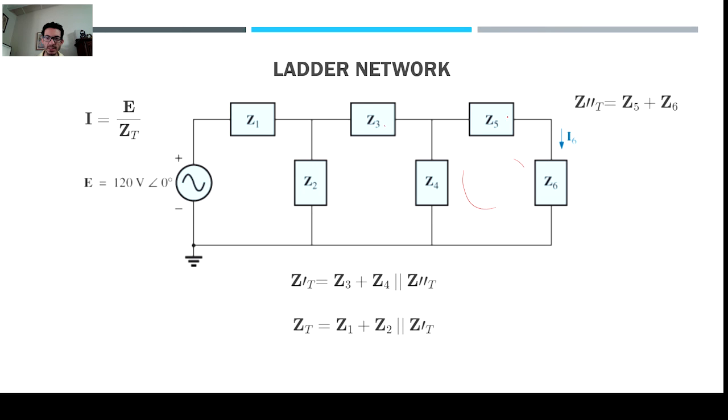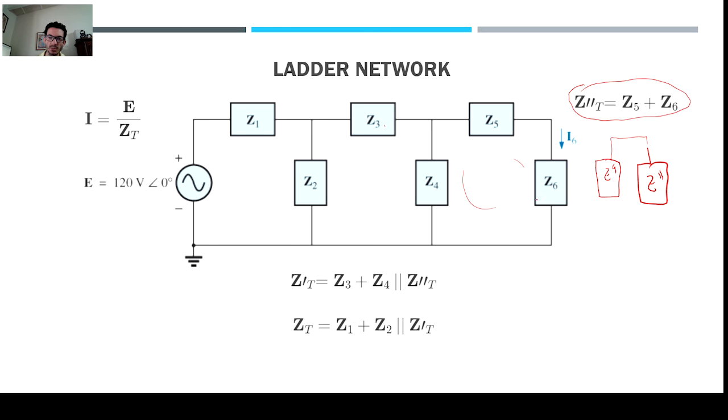In other words, impedance 5 and impedance 6 have the same current through them, so they can have a total impedance called Z prime prime. Then in this case, you have Z prime prime connected to Z4 in parallel.